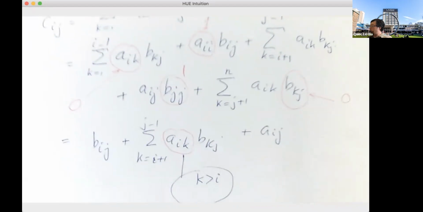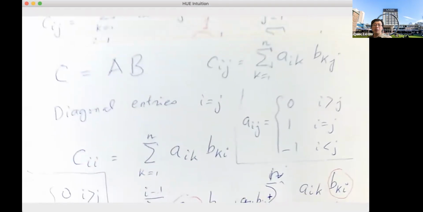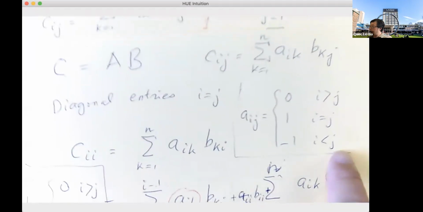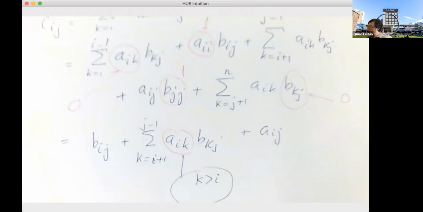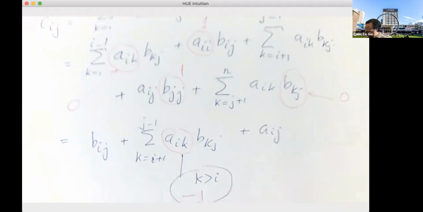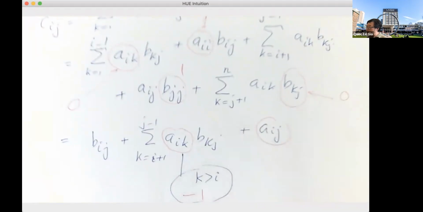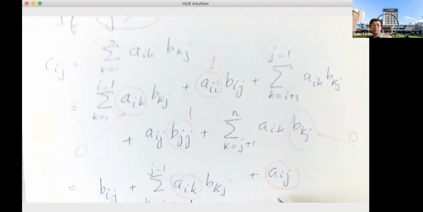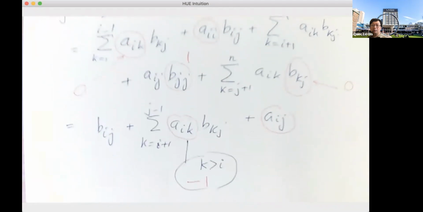Remember, this is the definition: column bigger than row, so it's -1. So therefore this one gives you -1. And here Aij as well. Now j is bigger than i, because this is the condition here, so it equals -1 as well.